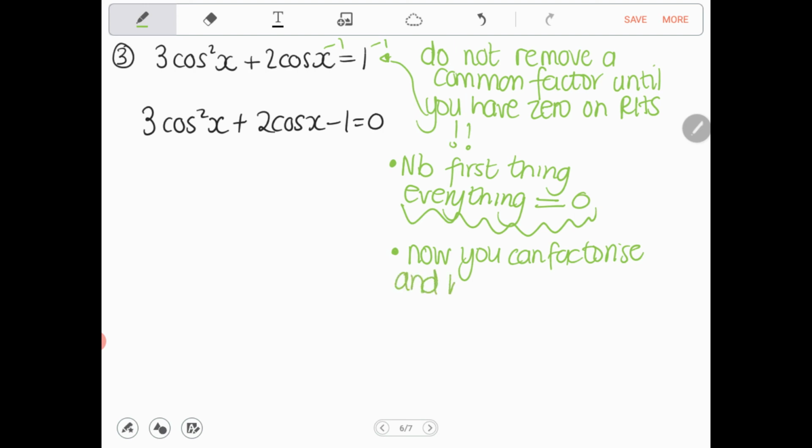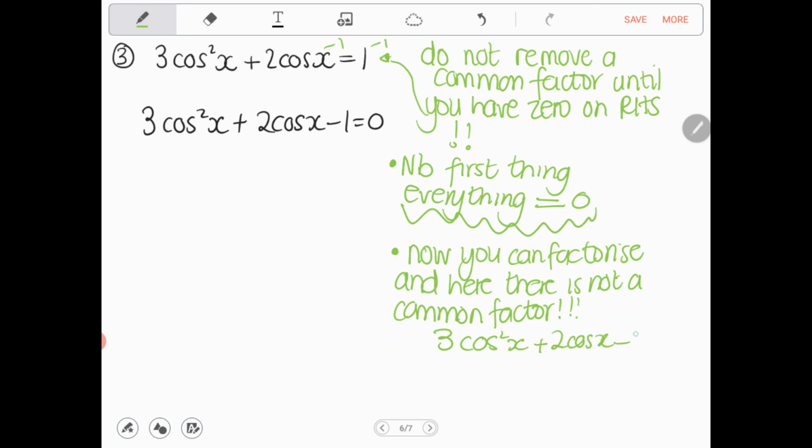And here, there is not a common factor because of that 1 at the end. Okay, so it's 3 terms. And let's do the k thing. So let cos x equal k.